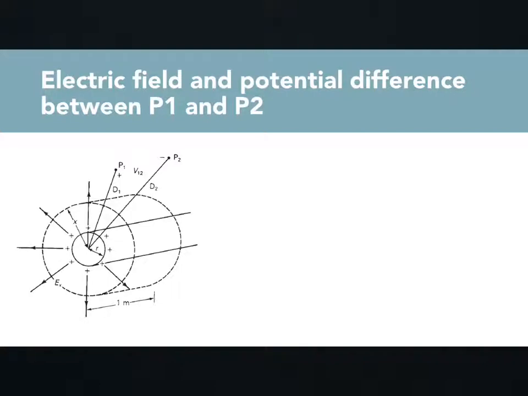Now, we mentioned that the internal electric field of this conductor is 0. So, our point of consideration now will be the electric field that is outside the conductor.